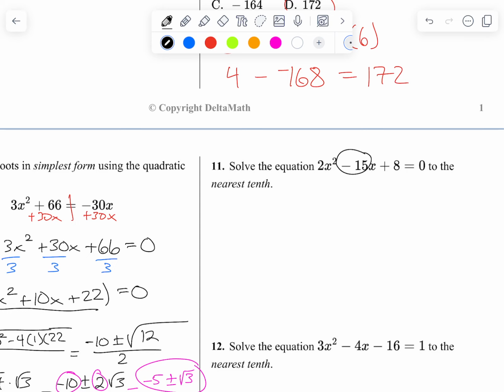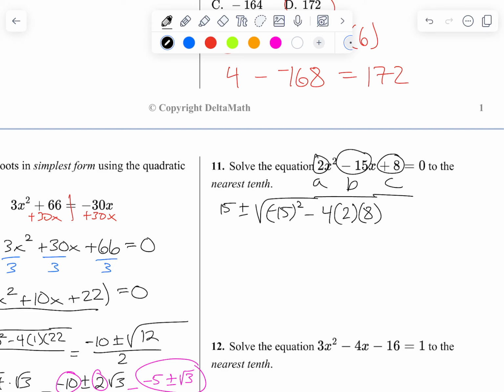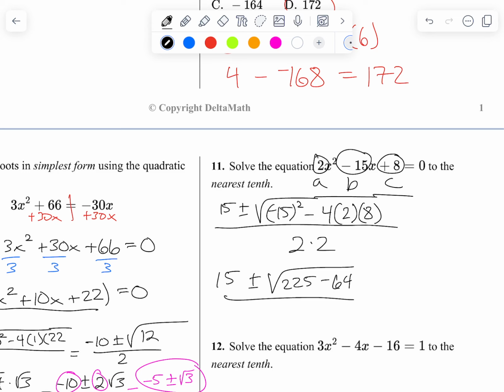So negative 15 would be B, this would be A, this would be C. So I'm going to get negative negative 15, which is 15, plus or minus negative 15 squared minus 4 times 2 times 8 all over 2 times 2, which would be 4. But make it just a little bit cleaner. You could type this in a calculator is what I'm going to do here, but just going to show you guys what this would be.